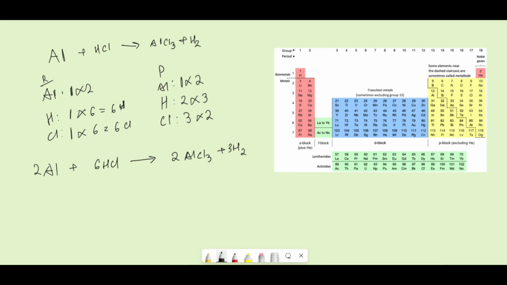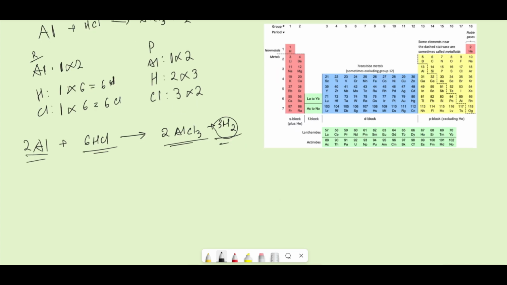So 3 H2 over here, 6 hydrogen, but 3 moles of it, and then you'll have 2 AlCl3. You have 6 HCl, and you have 2 aluminum, which should all balance out.